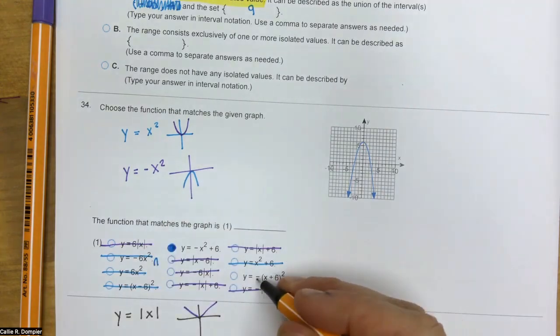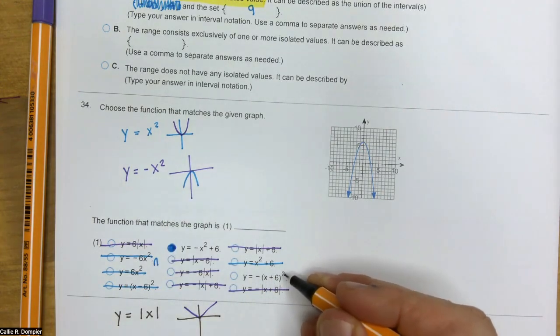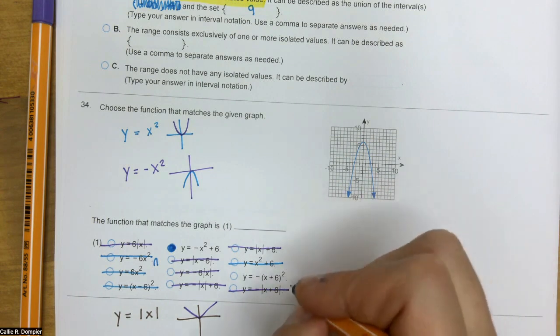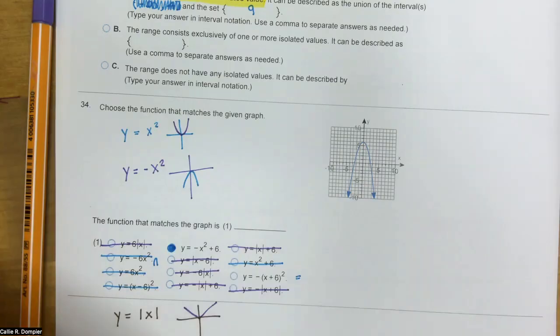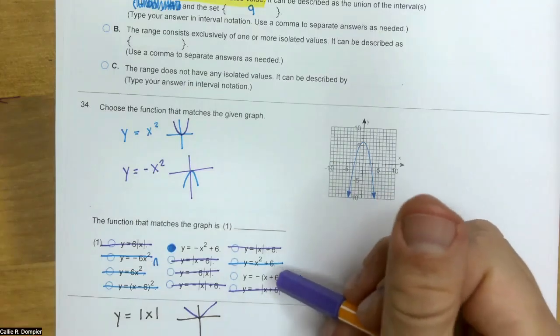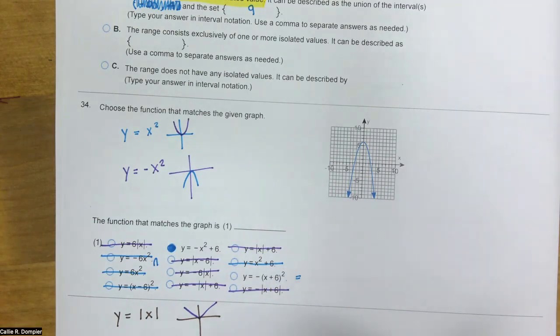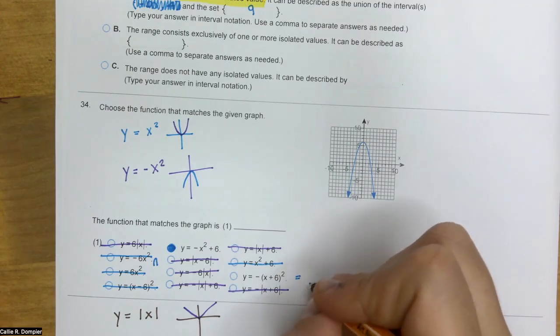And this last one, negative (x plus 6) squared. Because the 6 is being added inside of the function x squared, what you're doing is moving it left or right, right? In this case, you'd be moving it left because it's adding 6, so you're doing the opposite.